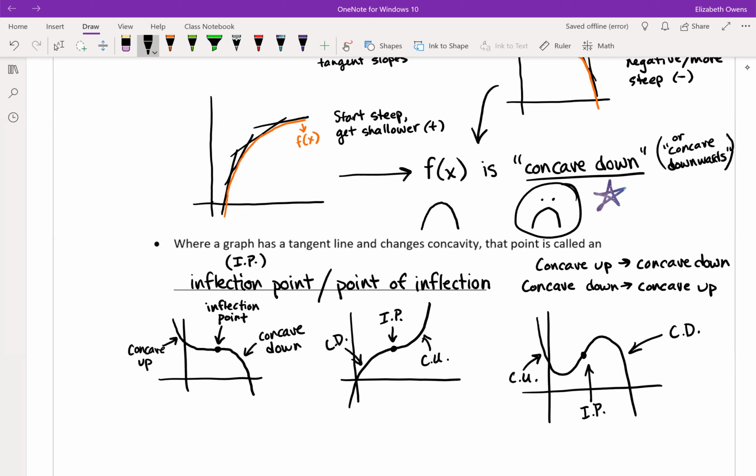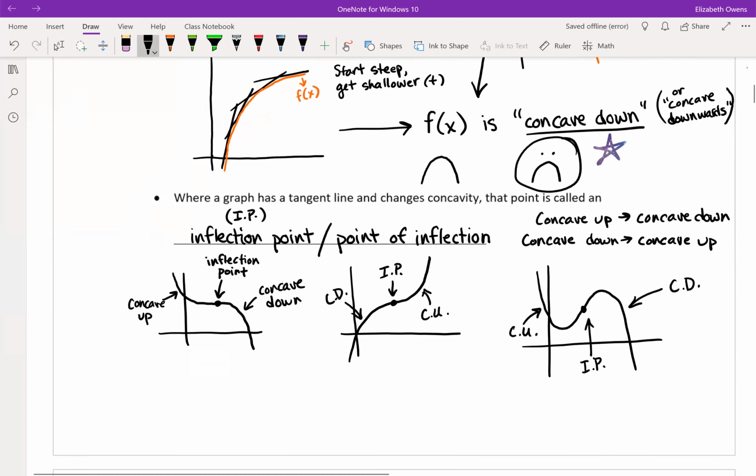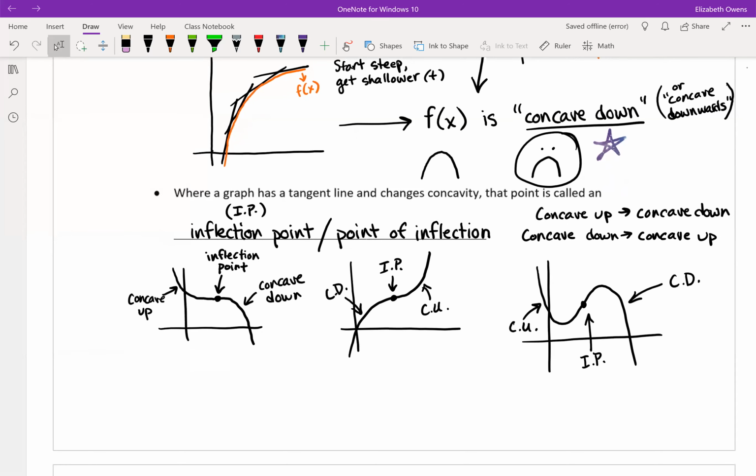Okay, so as you might guess, inflection points are going to be kind of important because they tell you an important characteristic of the graph, switching different types of concavity. So we'd like to know how to locate those. And how we do that is very similar to the critical points of the first derivative. We are going to check where f double prime of x equals 0. Okay, many, but not all of these.